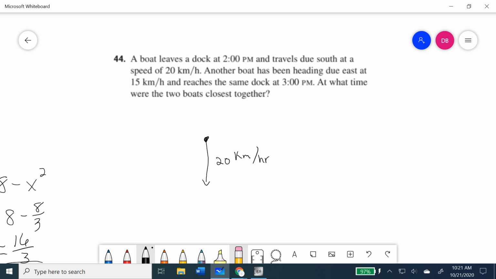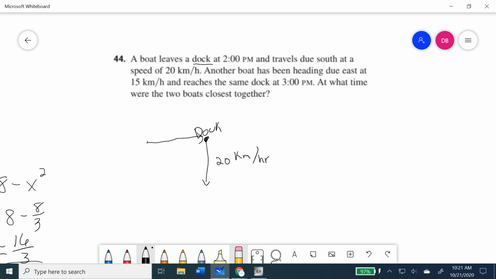I'm just trying to put this together. The boat leaves the dock, so this is the dock. Another boat is heading due east and reaches the dock. So, heading east, reaching the dock. I suppose this would be kind to have a diagram.